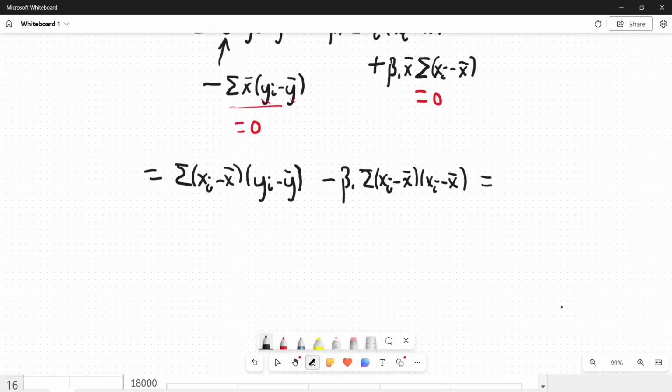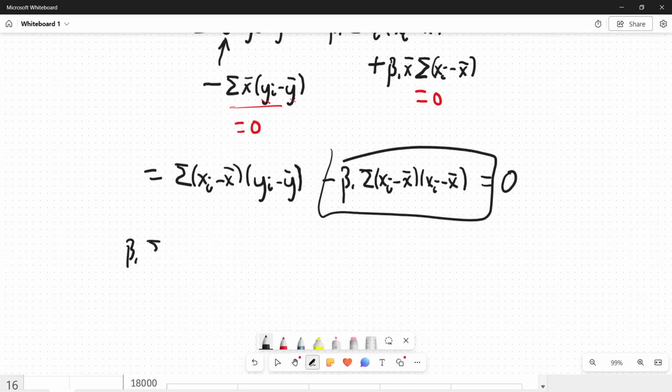This is all equal to 0, so I'll add this term to both sides and say beta 1, sum of all the xi minus x bar squared, since I just realized these are the same thing twice. Okay, well, I'll just square it and not bother writing it twice, is equal to the sum of all the xi minus x bar times yi minus y bar.